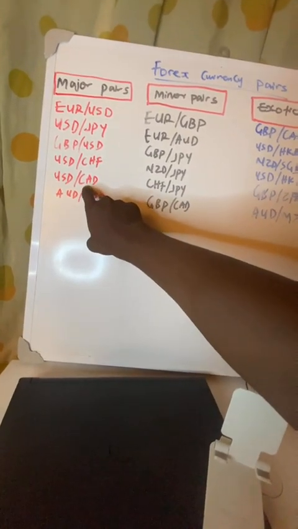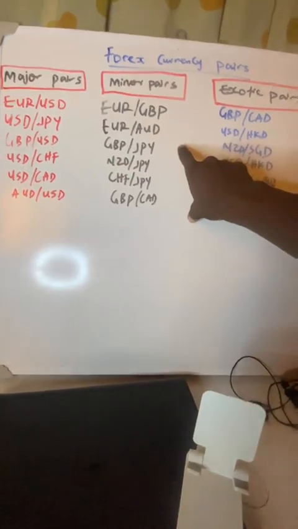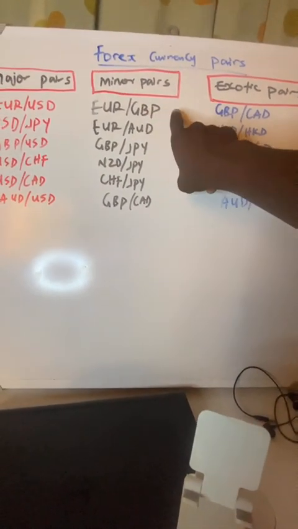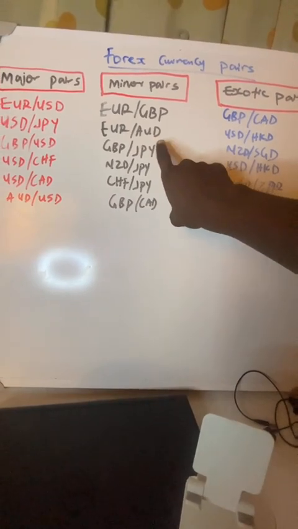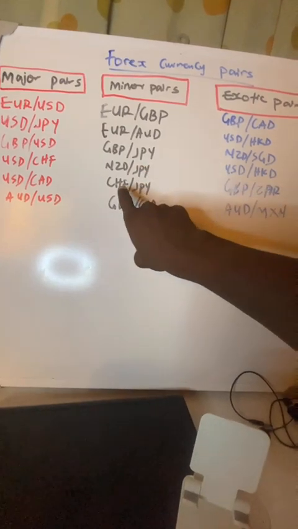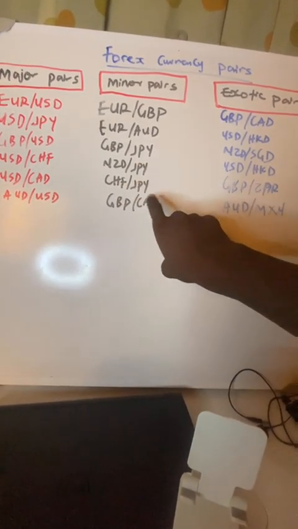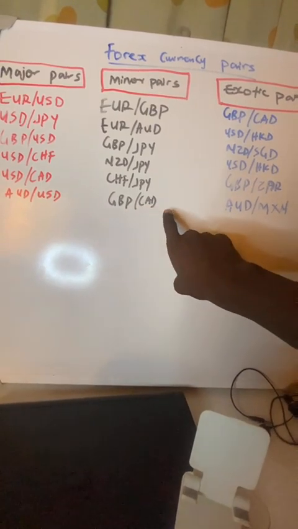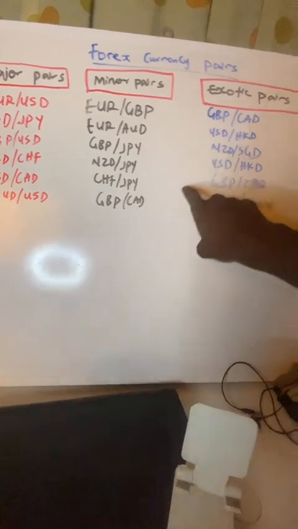Then we have the Canadian dollar, Swiss franc. Then here under the minor pairs, we have the Euro GBP, we have the Euro AUD, the GBP JPY. Then we have the New Zealand JPY, the CHF JPY, GBP Canadian dollar, and so on.